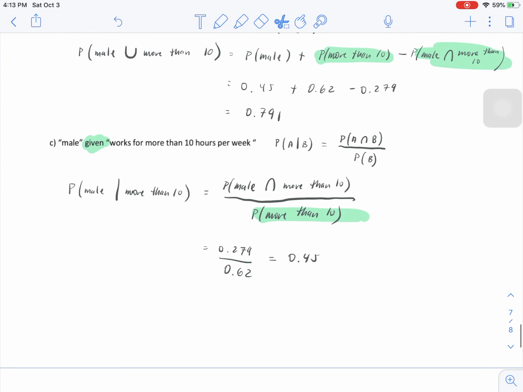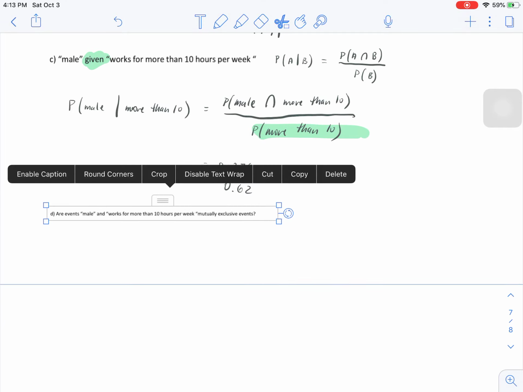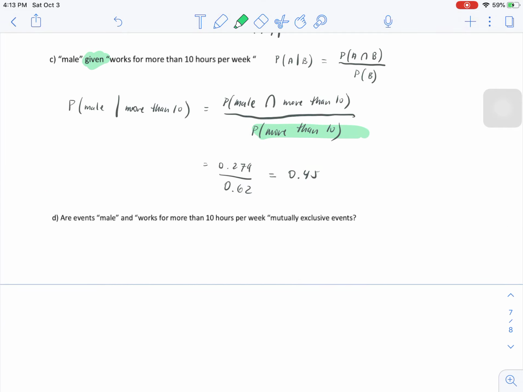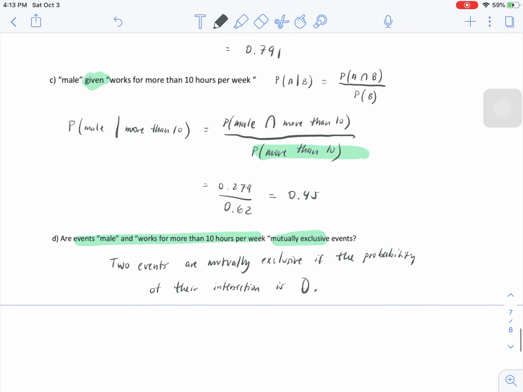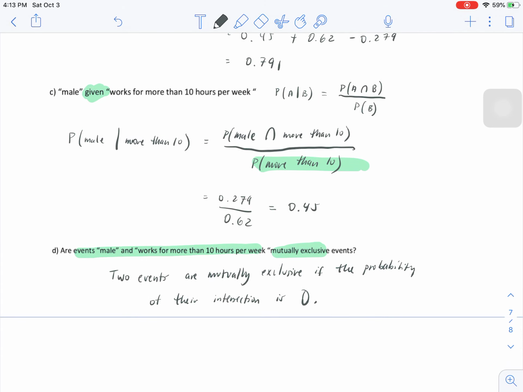All right, so let's look at part D. In part D, we want to know, are these two events, male and working for more than 10 hours per week, mutually exclusive? Remember, two events are mutually exclusive if the probability of them happening at the same time, the probability of their intersection, is 0, because two events that are mutually exclusive can't happen at the same time.